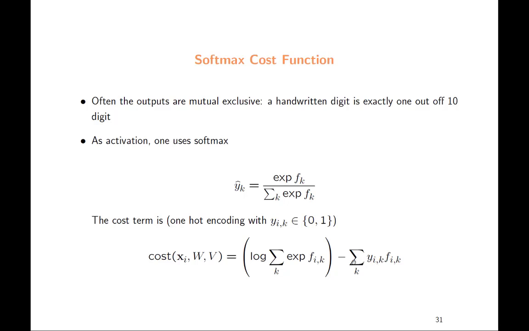So this is only active for the class which is the correct class at the output, because there this term is 1, and for all other classes this term is 0. So for the outputs which are not currently the correct output class, you only have this term, and for the one which is the correct output class, you have this term plus this term.